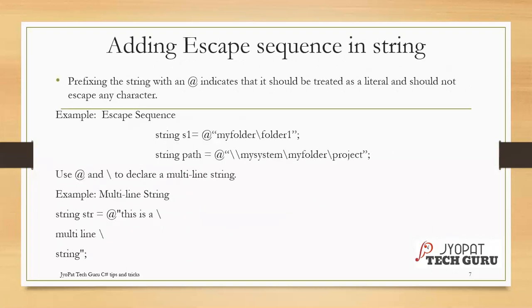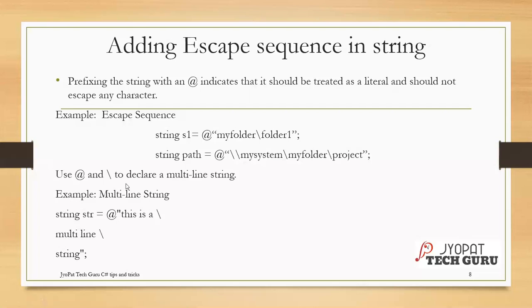So how to add an escape sequence in a string? Prefixing the string with an @ indicates that it will be treated as a literal and should not escape any character. So if you include the @ symbol before the string, it will be treated as a literal. Usually we store a file path, or the entire information regarding a particular file, using the @ symbol.